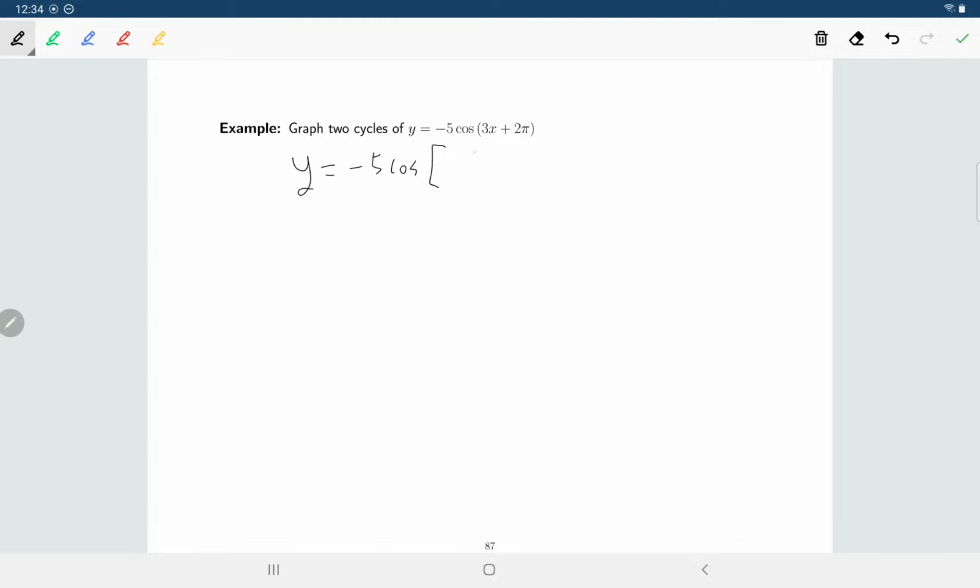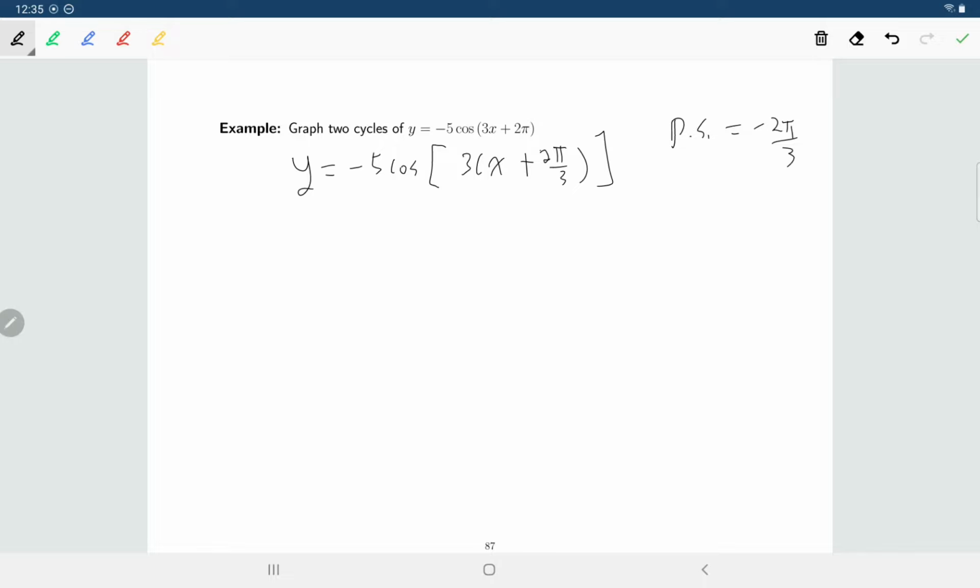So 3x plus 2 pi, when I factor 3 out, is 3 times x plus 2 pi over 3. So we know here that the phase shift is negative 2 pi over 3, or 2 pi over 3 to the left.